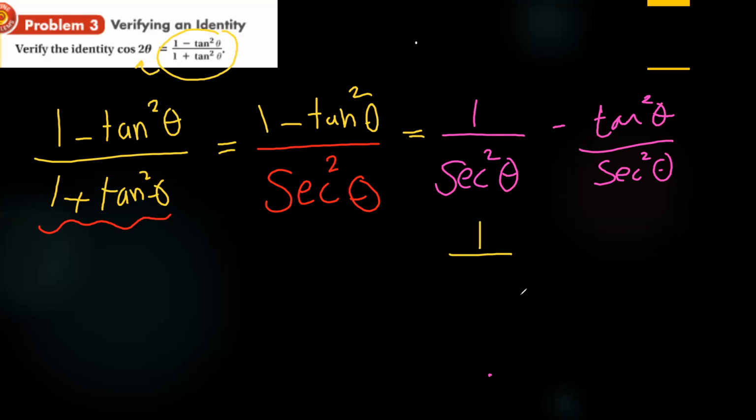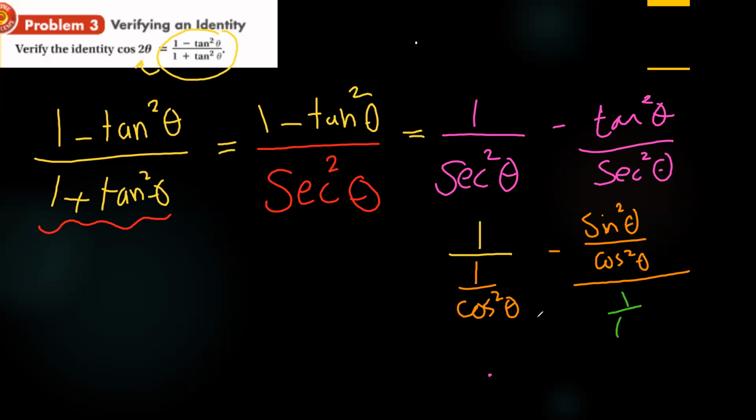Now we know that secant squared is 1 over cosine squared, minus, tan squared is sine squared over cosine squared, and secant squared is 1 over cosine squared.